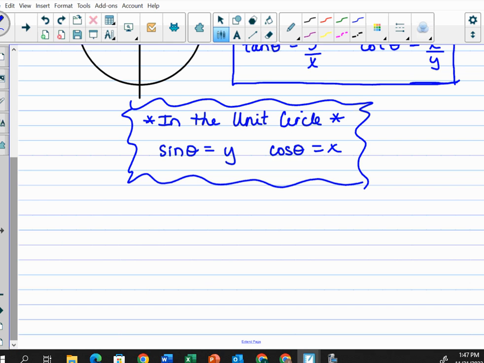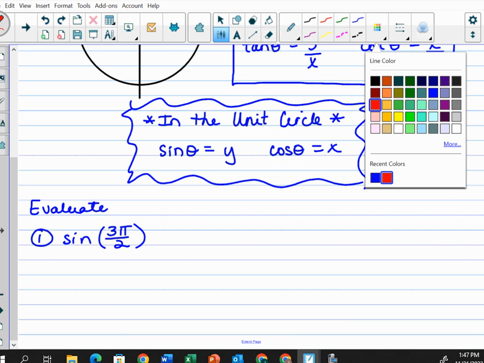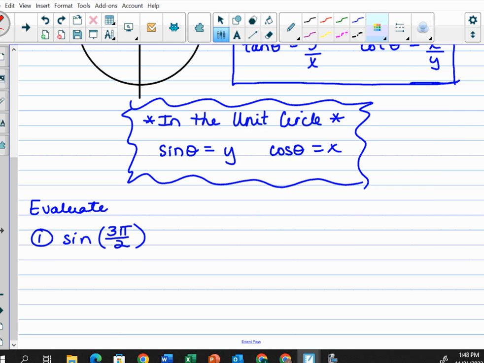All right, so let's use this now. Let's evaluate. And I'll walk you through this first one, okay? Sine of 3 pi over 2. Okay, the way you do this, we just said in the unit circle, sine of theta is equal to y.